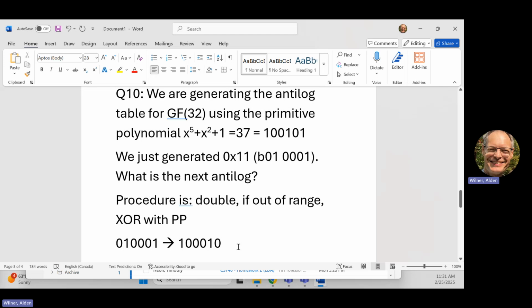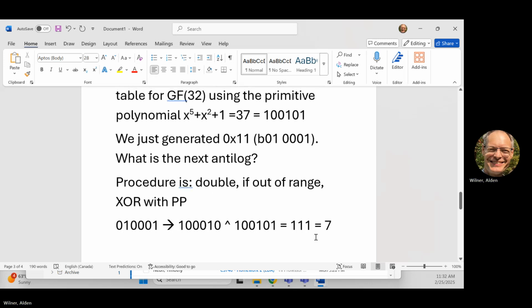So 100010 XOR 100101 equals, we're going to take this, this is going to cancel out, this is going to be a 0, this is going to be a 0, this is going to be a 1 XOR a 0, a 1 XOR a 0, and a 1 XOR a 0 equals 000111. That's 7, decimal and hexadecimal, right? So that is the next antilog.